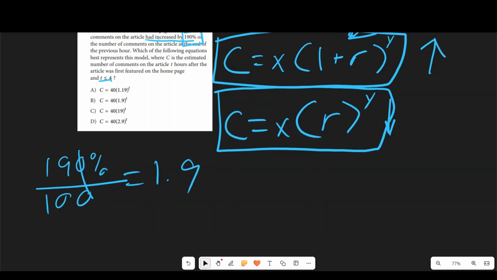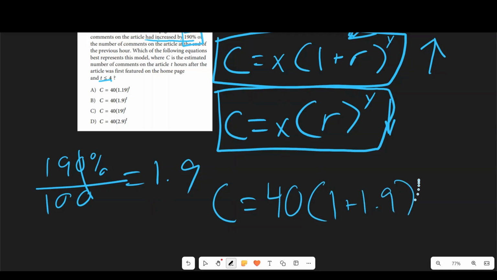So you might be like, oh my God, is this the answer? B is the answer. Well, you would be fooled and you'd get cooked by the SAT, because they're trying to put that there to trick you. Because remember, this is an exponentially increasing equation. So we figured out our rate, but remember, we need to do 1 plus the rate. So that means our equation would be 40 times 1 plus our rate, which is 0.9, raised to t.